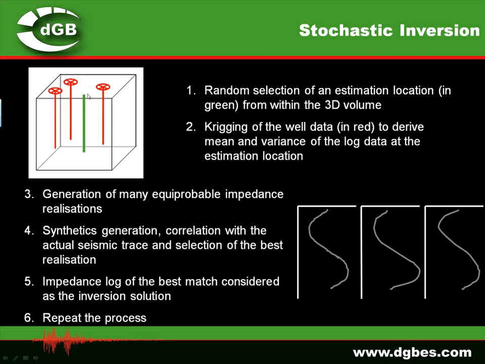So using kriging, you can extrapolate the mean and the variance of the low data at this location, and then you generate as many equivalent impedance realizations. Then you get synthetics that you will compare to the real seismic, and the one with the best match is selected, and you repeat the process.